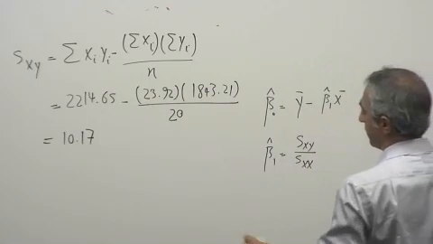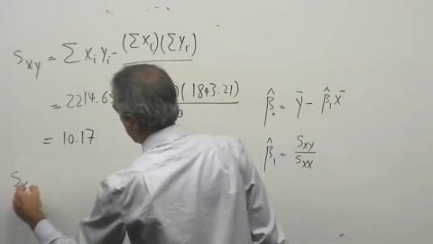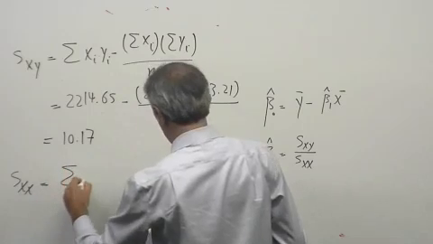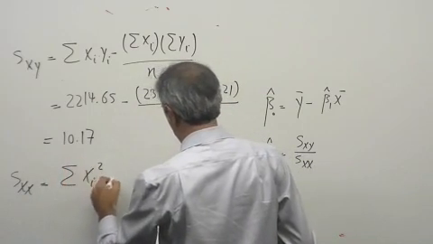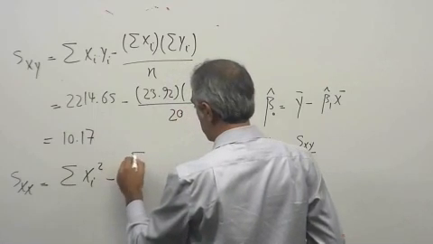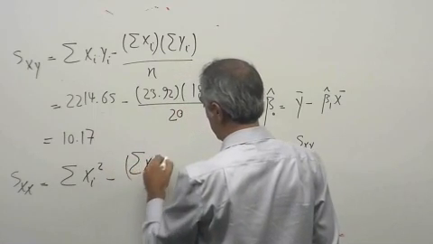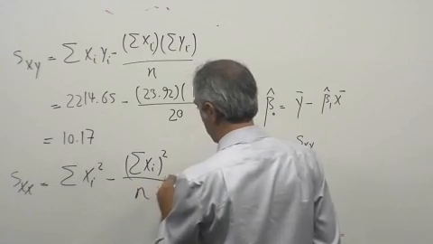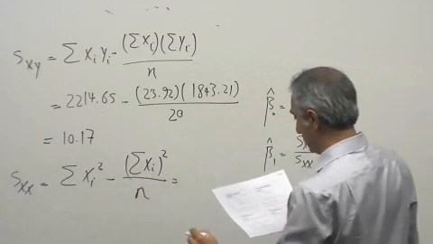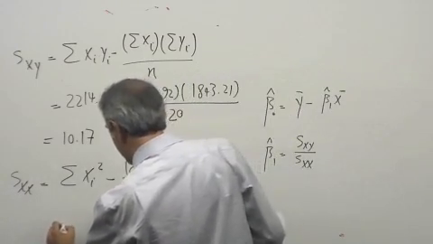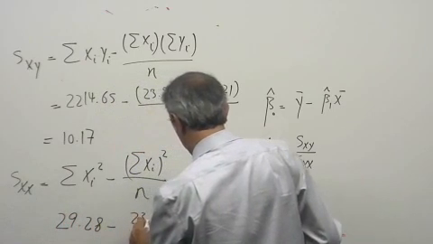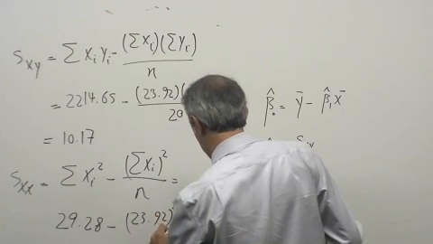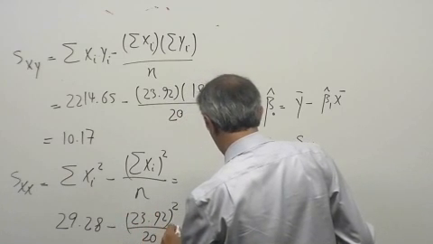Okay? How about Sxx? It's the summation of xi squared minus summation of xi squared divided by n. In that case, I have 29.28 minus 23.92 squared divided by 20.